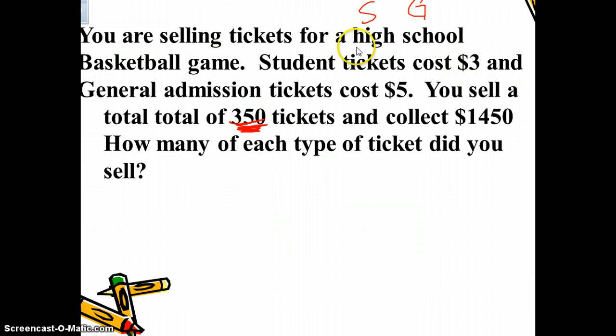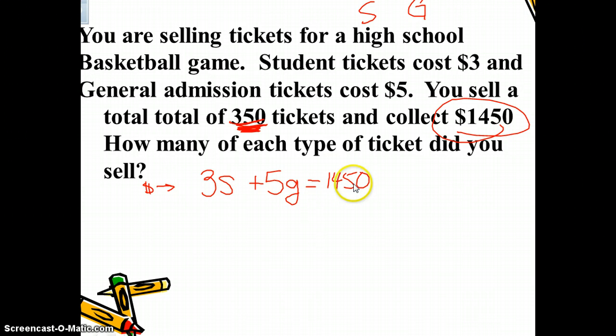But I see some dollar amounts. Student tickets are $3, so $3 for S's, plus $5 for general admissions, $5 for G's, and this is all money, right? So if we're dealing all with money in this equation, I'm going to put the total amount of money collected on the end, $1,450. Okay, so still got this 350 and nothing else to go with it. It says a total of 350 tickets. So I know that's the total. I'm going to put it on the right.